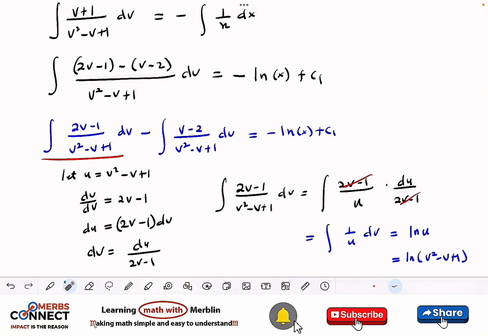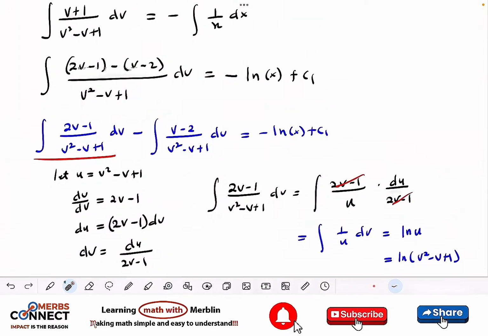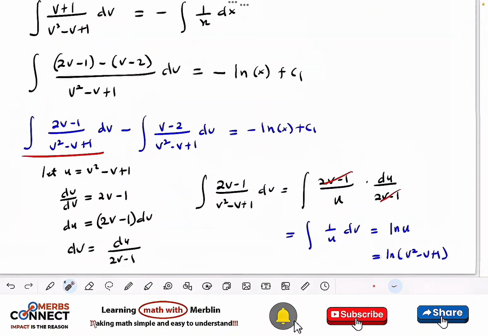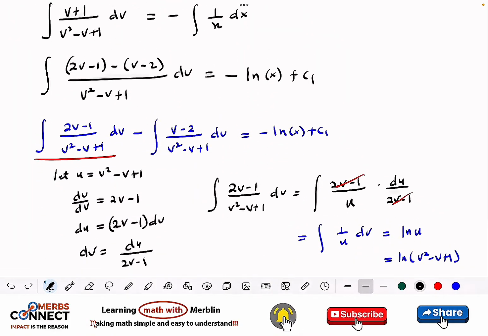Then let me add another page so that we can use it. So now that you've gotten this side, let me write everything here. So now we know that we've gotten the natural log of vn squared minus vn plus 1. Is that right? Yes. So this side is giving us the natural log of this, right? So now we need to focus on this one.